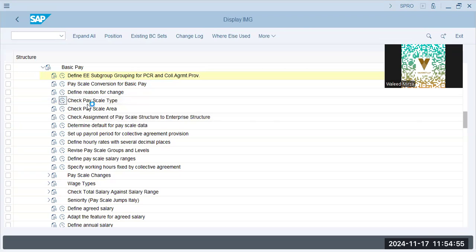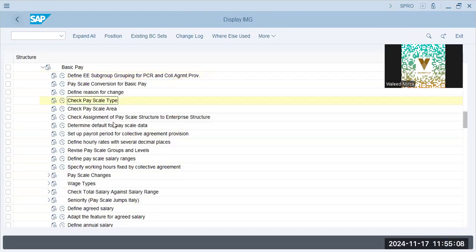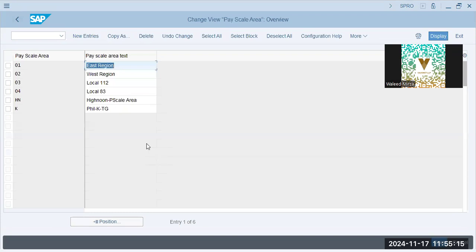Okay, salary exempt, non-exempt, hourly, retail, high noon pay scale. Okay, check pay scale area, high noon pay scale area.